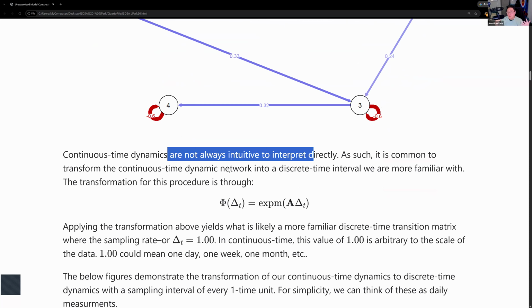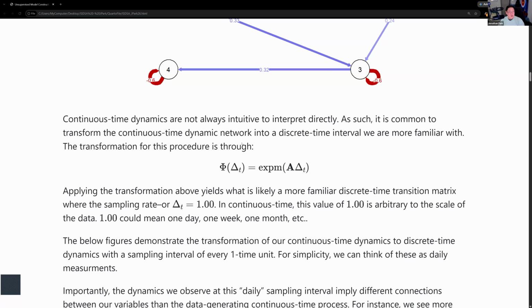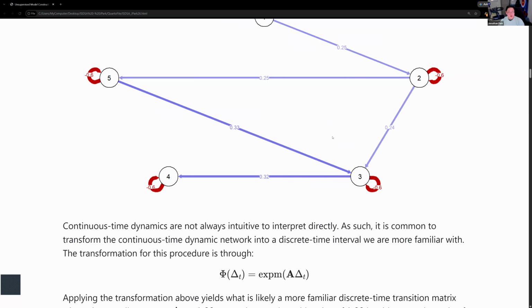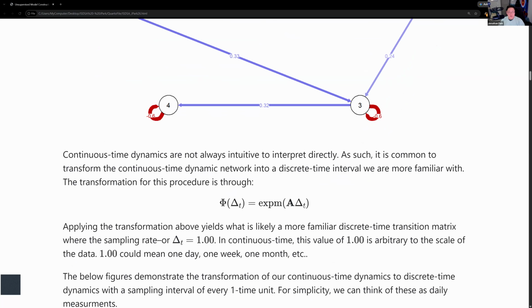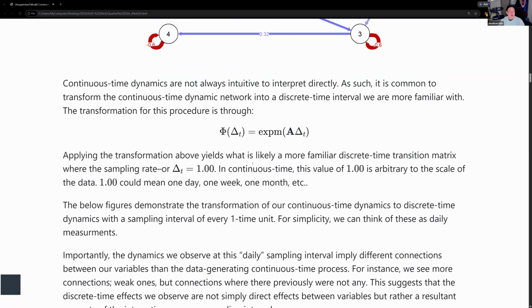I learned dynamic networks from a discrete perspective first, so it always helps to go back. The way that we can transform this network into a discrete time realization is, again, using that matrix exponential. So if I take the matrix exponential of A times, let's say, 1, I would see what the effects look like at a sampling rate of 1.